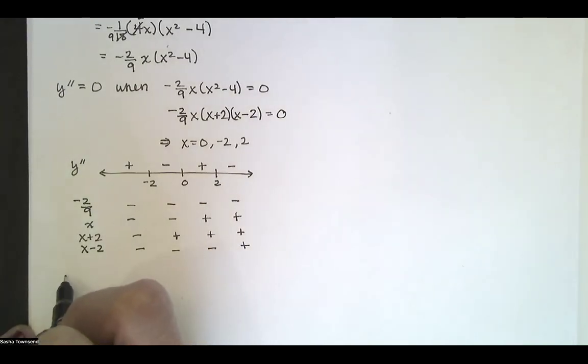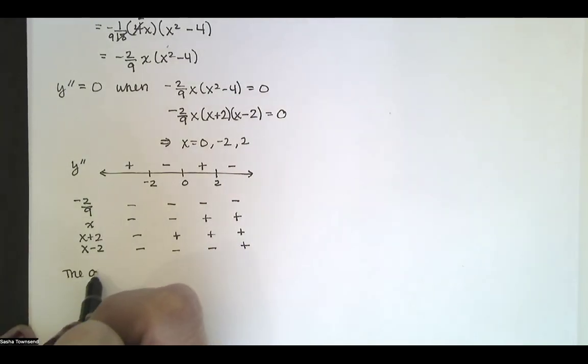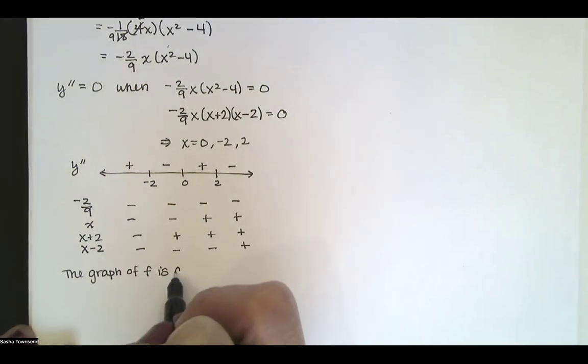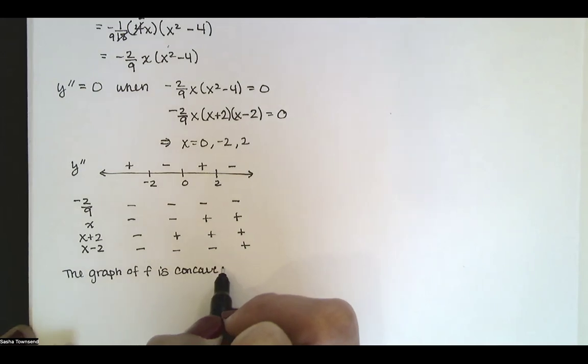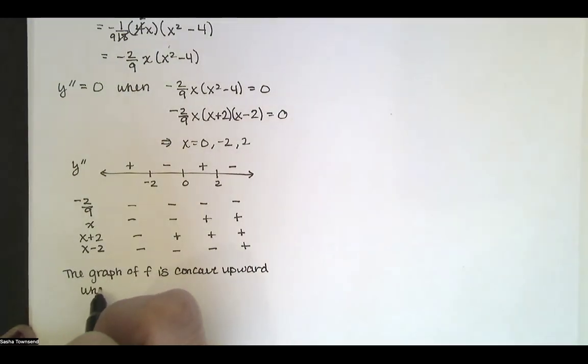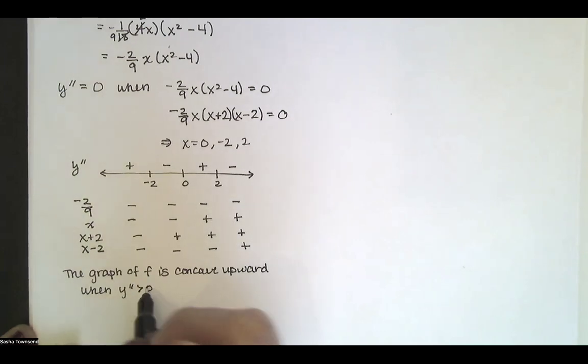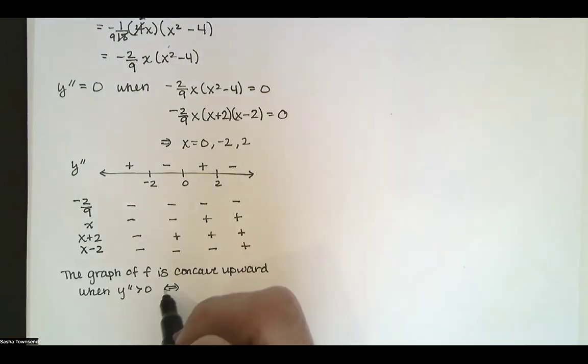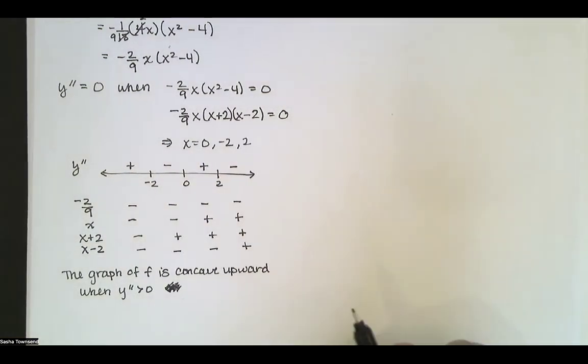We say the graph of f is concave upward when y double prime is positive. Or in other words, on these intervals. Sorry, shouldn't write that double-headed arrow.